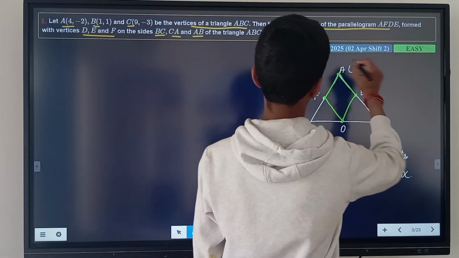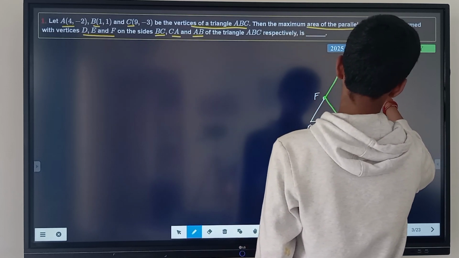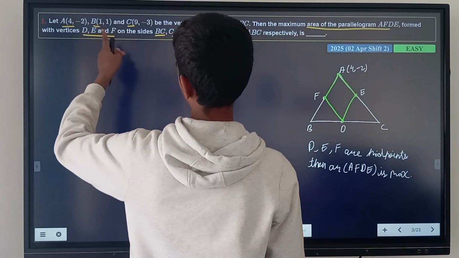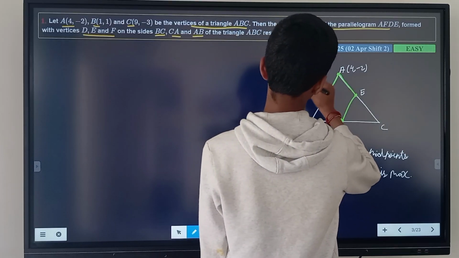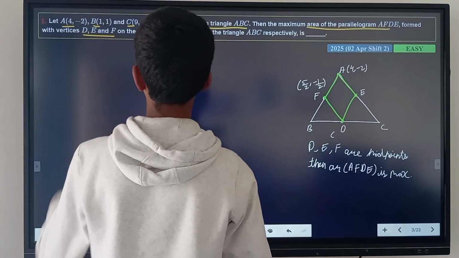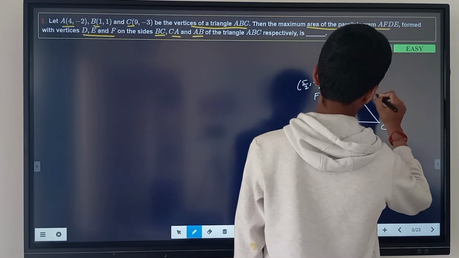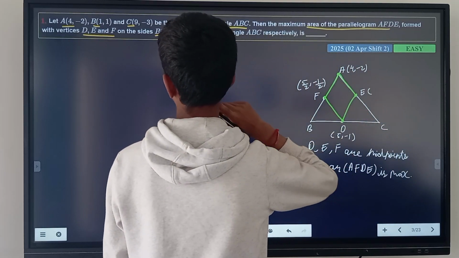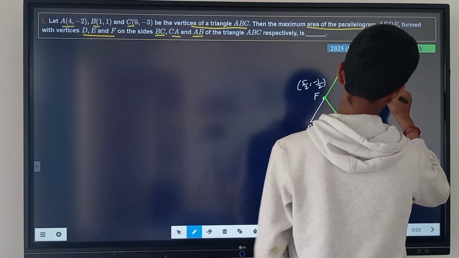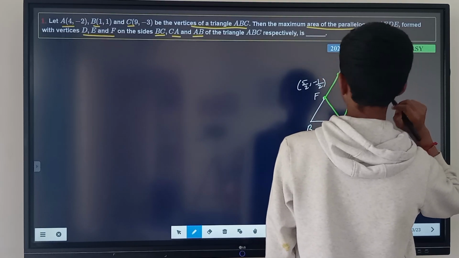Now our point A will be 4 comma minus 2. Point F, the midpoint of A and B, will be 5 comma 2. D, the midpoint of B and C, will be 5 comma minus 1. And E, the midpoint of A and C, will be 13 upon 2 comma minus 5 upon 2.